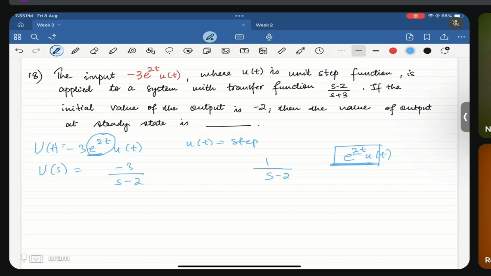It is applied to some function, and this function is u(t) in this case, which is step. So without the exponential, the Laplace will be 1 by s, but we have e to the power 2t, so the Laplace will be 1 by s minus 2. Correct?